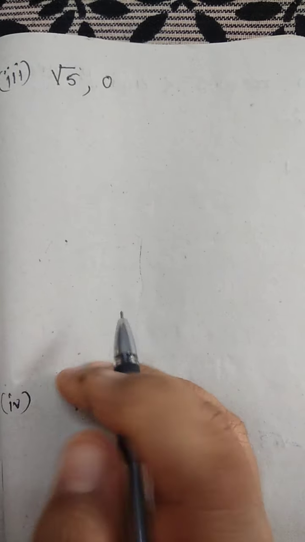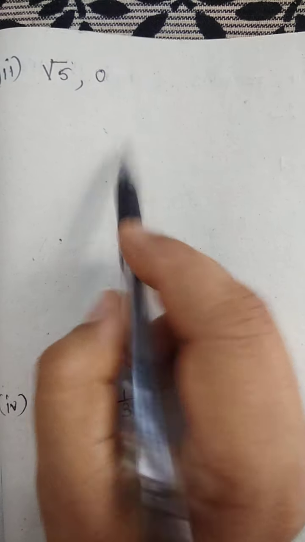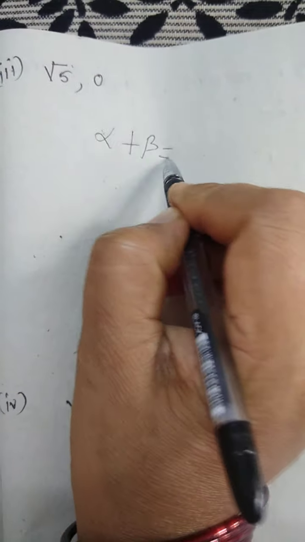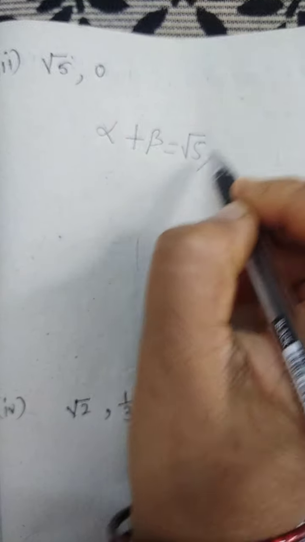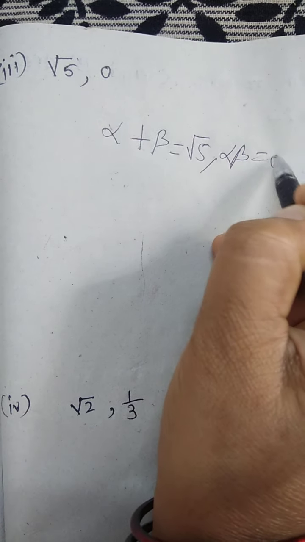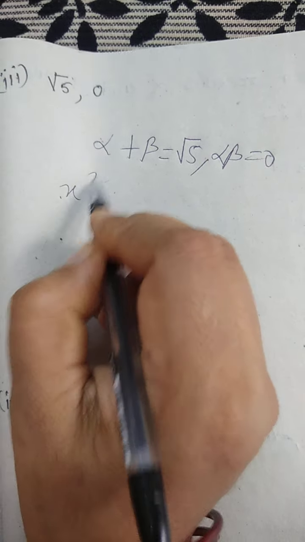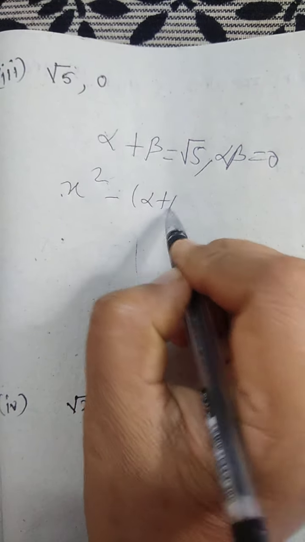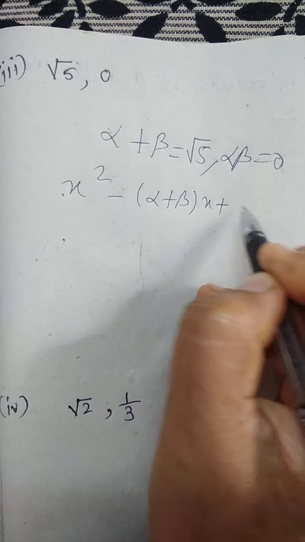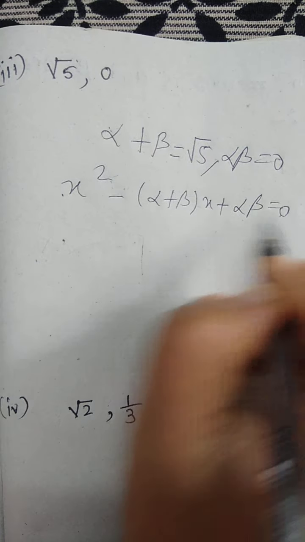Let's solve the third problem. Here sum of roots is given as root 5 and product of roots is given as 0. So alpha plus beta value is given as root 5 and alpha beta value is given as 0. First write down the general form, that is x square minus (alpha plus beta) x plus alpha beta equal to 0.